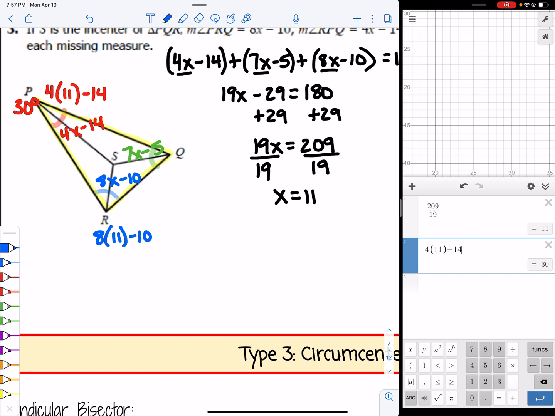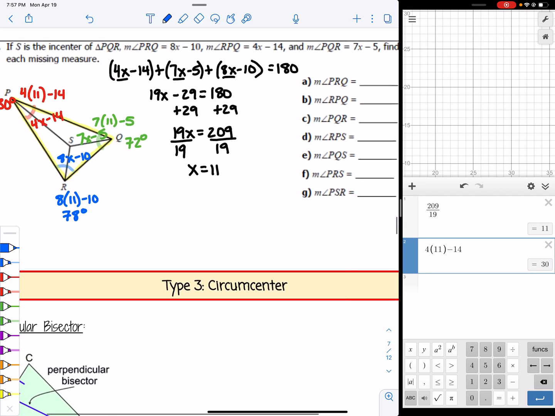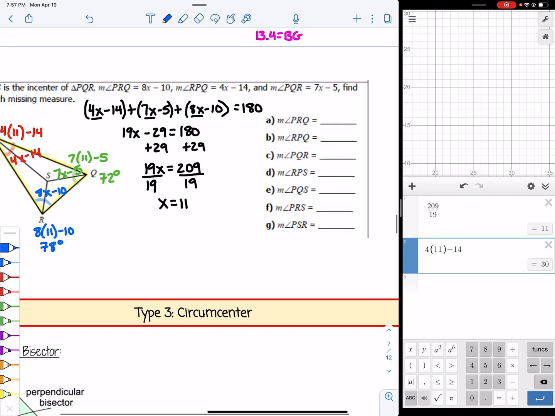That would be 88 minus 10, which would be 78. And then 7 times 11 minus 5 would be 77 minus 5 is 72. So we have 72 degrees. We got 30 degrees, and we have 78 degrees. So that's going to answer some of these questions, and then we can figure out the rest.